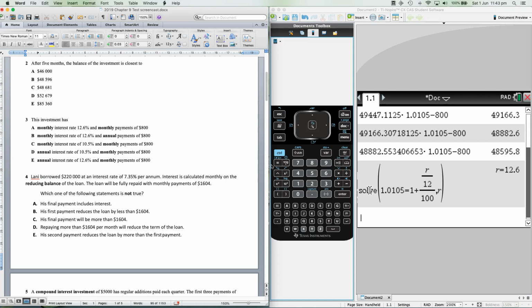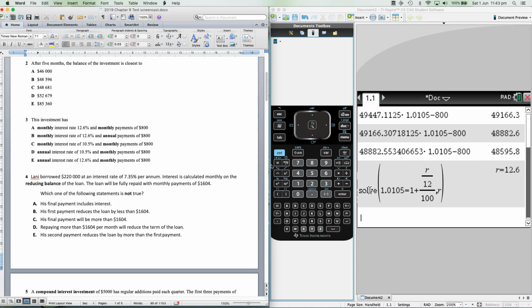And as we make more and more payments, our loan will definitely reduce more than it did for the previous payment. It's a reducing balance loan. Okay, so that's also true. So just on the basis of elimination, we find that C is the statement that's not true.